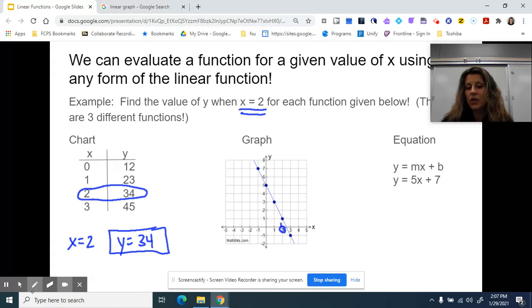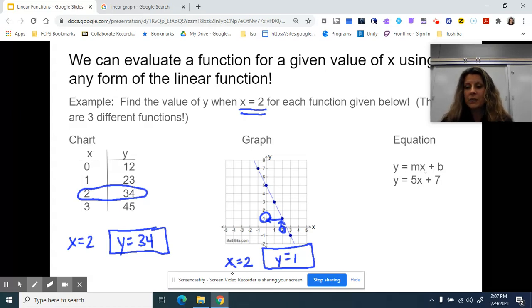On this one, we have to go up to get to the point, and we see what that y value is. So when x equals 2 for this graph, y equals 1. We found our answer, y equals 1 when x equals 2.